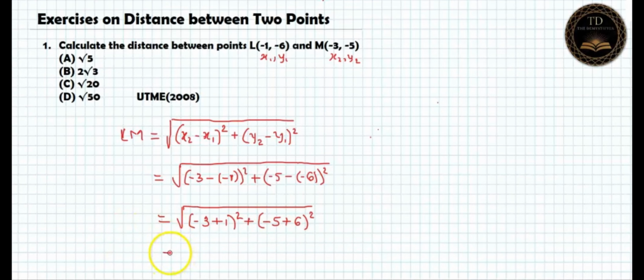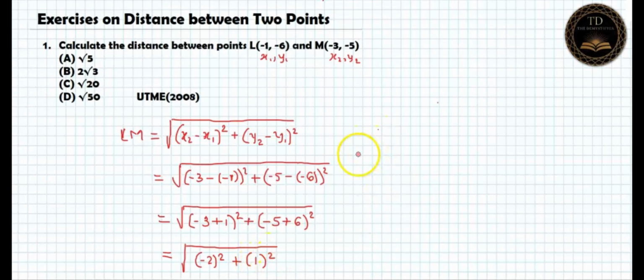Okay, and this will be equal to the square root of, now we have minus 3 plus 1 is minus 2. So I have minus 2 squared plus minus 5 plus 6 is 1. So I have that.